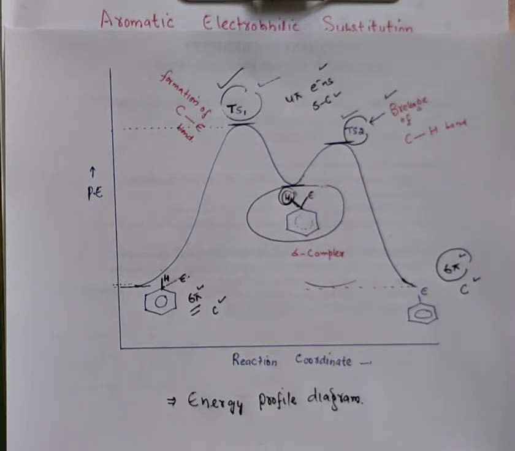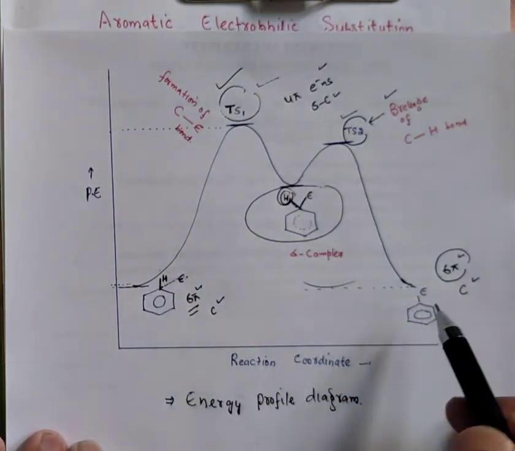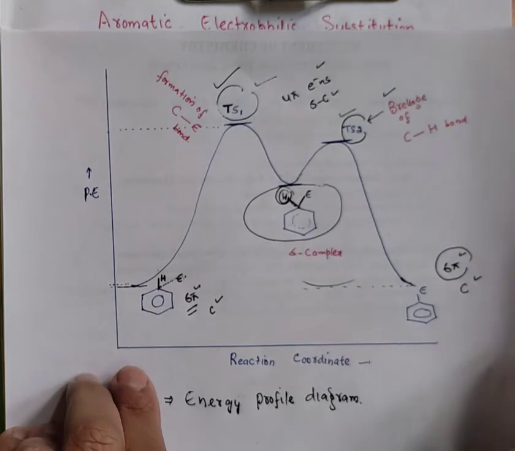So this is basically called the energy profile diagram. तो इसमें अब बेसिक जो मेन एम है इस डायग्राम को दिखाने का, that is the energy. So when the intermediate is formed, the energy is very high in comparison to our product and in comparison to our aromatic ring. ठीक है.